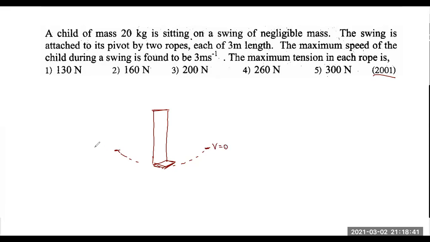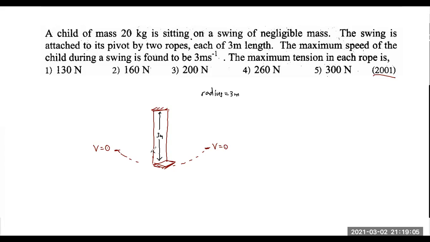But I don't think they are worrying about those 2 points. Each of length 3m, therefore the length is 3m. The length is 3m means the radius is 3m, isn't it? The radius is going to be 3m this time.